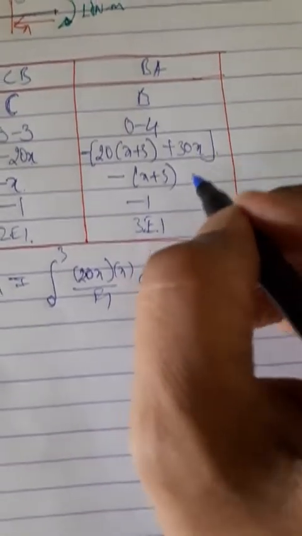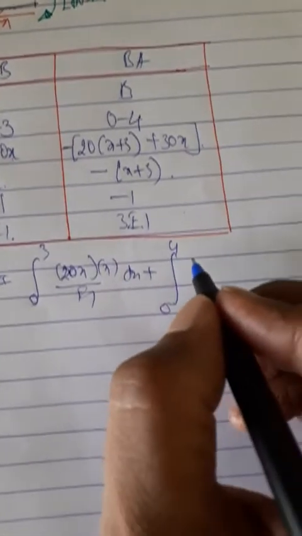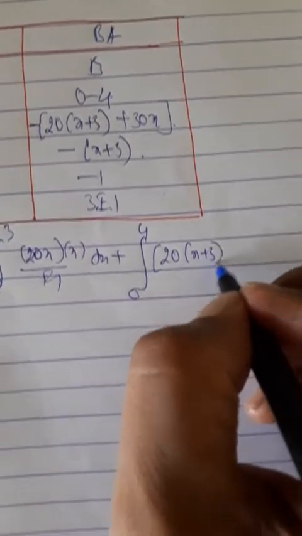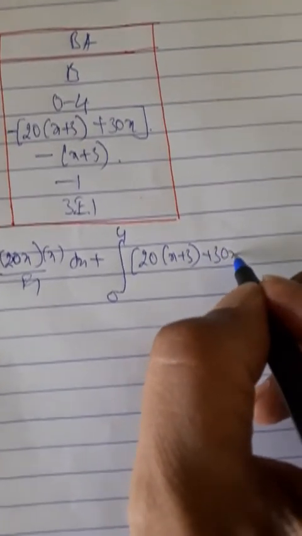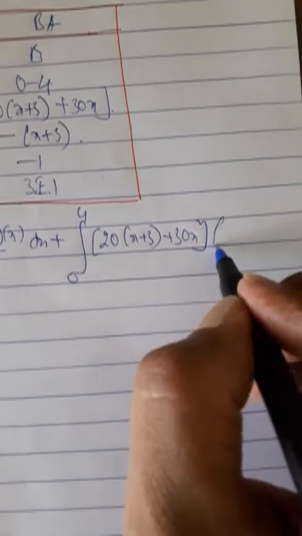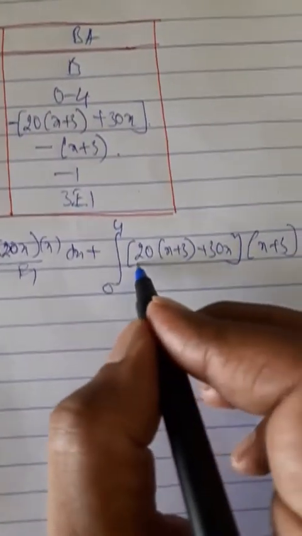I am going to multiply this and this, minus and minus cancel each other, so I keep it plus: 20x plus 30x into x plus 3 divided by 3EI.